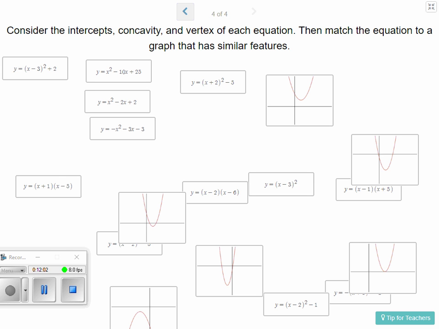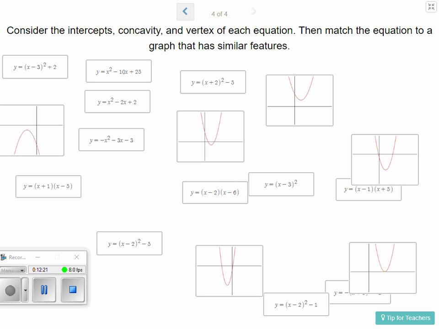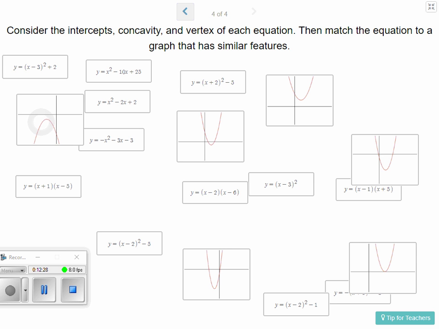The -3? Okay, if we're looking at this -3 one, the reason why I placed emphasis on the -3, what is -3? It's our y-intercept. If it's our y-intercept, that means that we have a negative y-intercept. So if we look at all of the graphs we have here, which one has a negative y-intercept? Looks like this one does here.